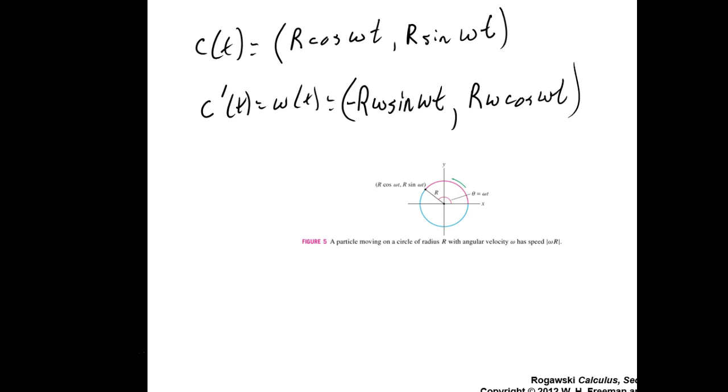Now let's think. For this one where it is now, here's r cosine omega t, r sine omega t, x coordinate, y coordinate. The velocity, since it's moving in this direction, is always tangent to the curve, and that would have a negative x coordinate, because it's a little that way from where you are, and a negative y coordinate.